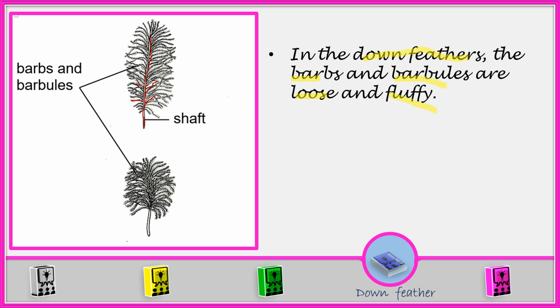Now those barbs also have other small filaments coming from them. Those ones we are not seeing because they are very small. Those are called the barbules. But when you look at the barbs and the barbules of the down feathers, they are fluffy, or loose. They are not interconnected. They are not interlocked.